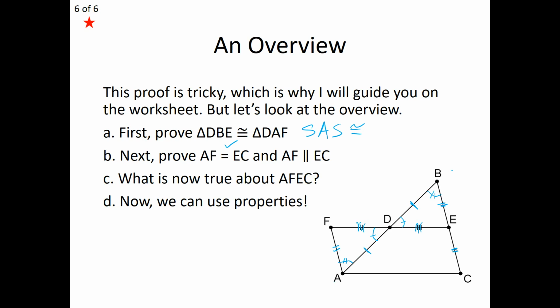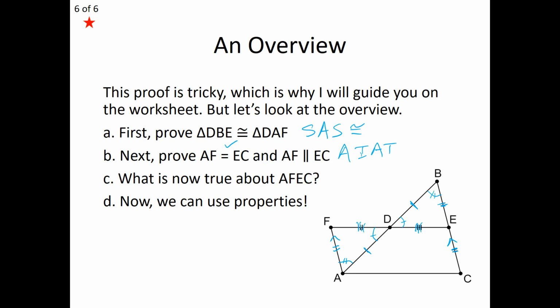If AB is the transversal and AF and BC are the two lines, that means those two lines have to be parallel to each other because of the alternate interior angles test. So using some of our parallel properties from chapter 4, we can prove that those lines have to be parallel. That means we know AF will be parallel to the side EC.